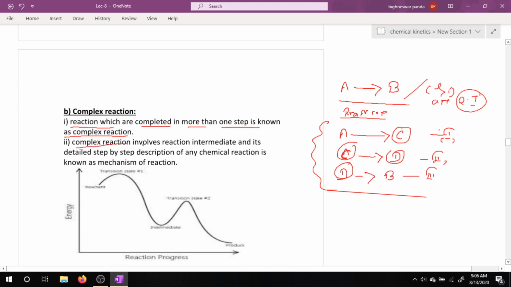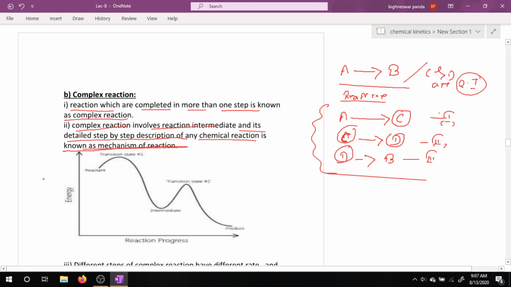And a complex reaction involves reaction intermediates, and its detailed step-by-step description is known as the mechanism of the reaction.